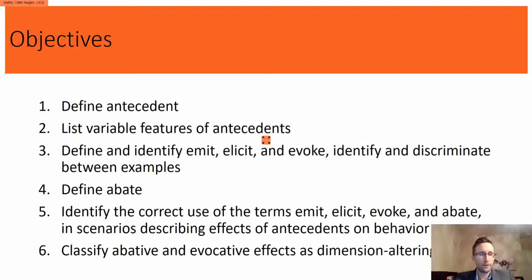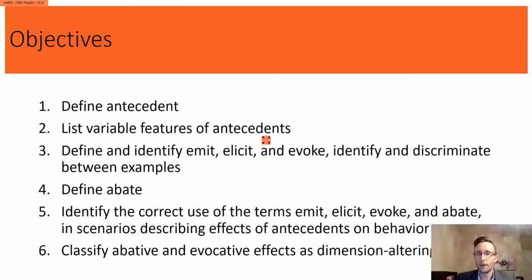The objectives that we'll cover in this video part are: objective number 1, define antecedent. Objective number 2, list variable features of antecedents. Number 3, you'll be able to define and identify emit, elicit, and evoke, and identify and discriminate between examples of those terms.